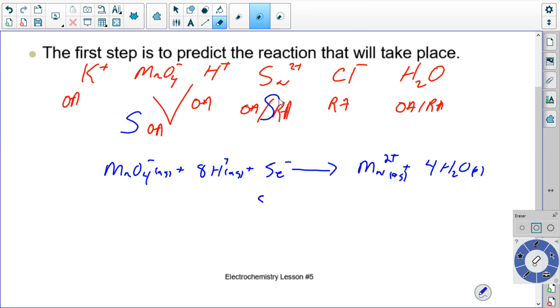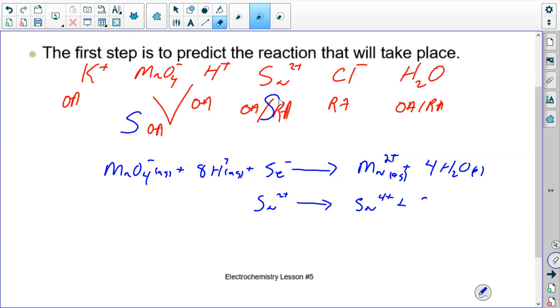We have our Sn 2 plus, we have Sn 4 plus with 2 electrons. How do I balance off my electrons here, Brooke?